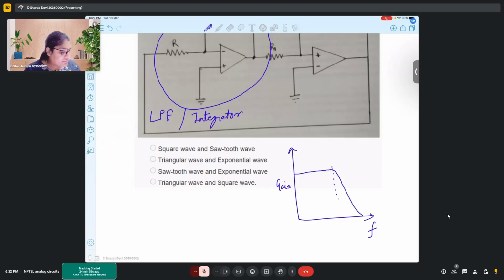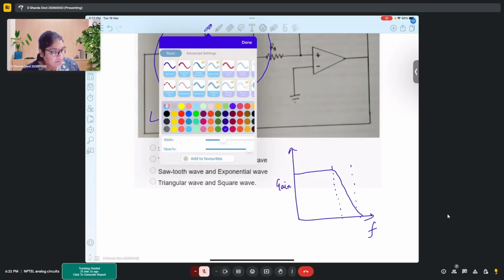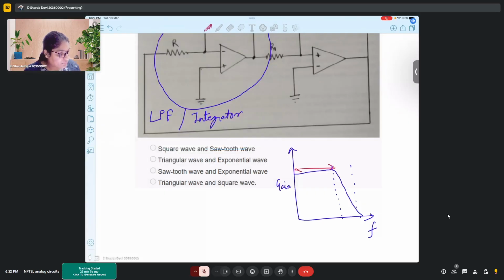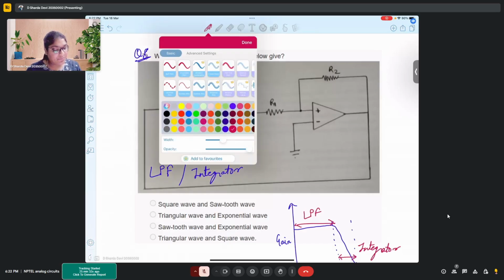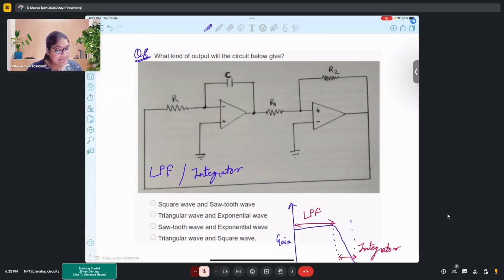When the frequencies are in the passband range, it behaves as a low pass filter. When the frequencies are in this range, this circuit acts as an integrator. Considering that we are using it as an integrator, since we want to find the waveform, this particular part is an integrator.